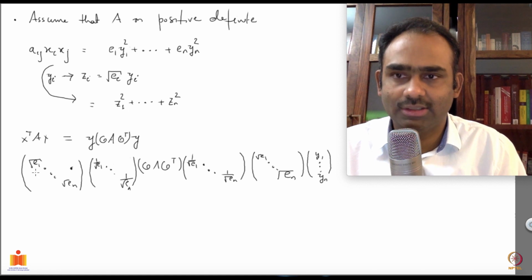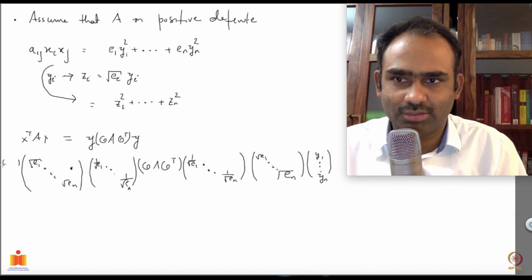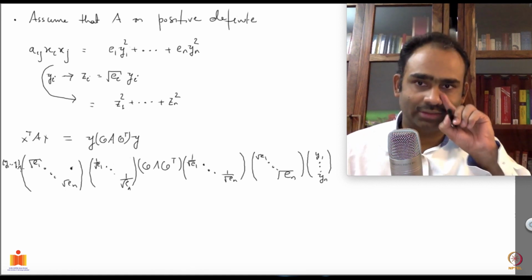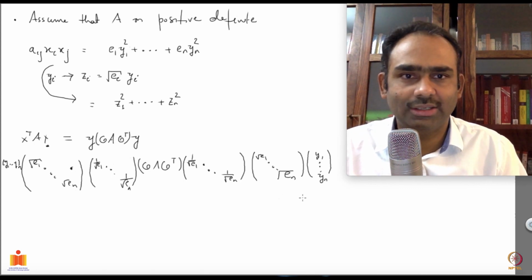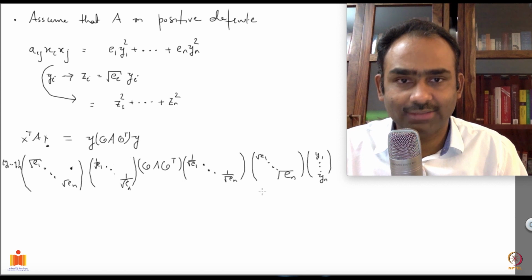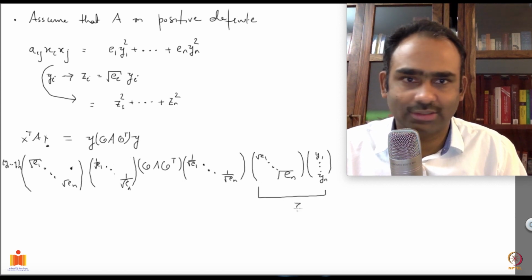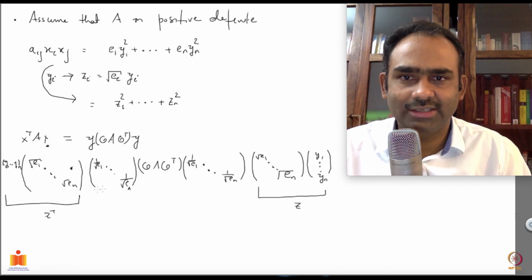This is nothing, and then you have Y transpose, so basically the row Y1 to Yn. So from here to here, this is what is your Z. This is your Z, that's what we wrote earlier, and this is your Z transpose, and your transformation is really this one.